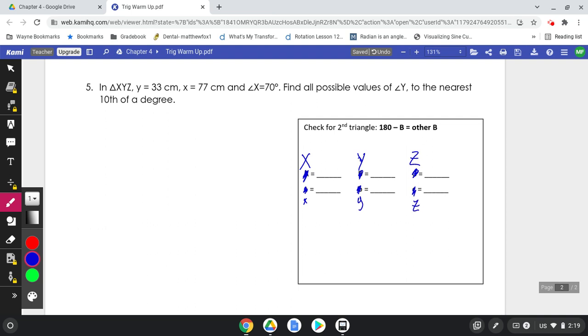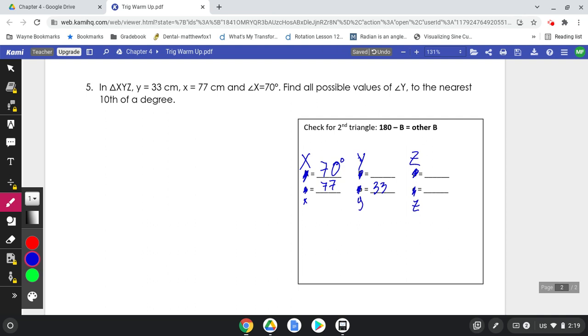They tell us that the angle of x is 70 degrees, 77 is the length of its side, and the length of y is 33. Our job is to find what are the possible values of y.